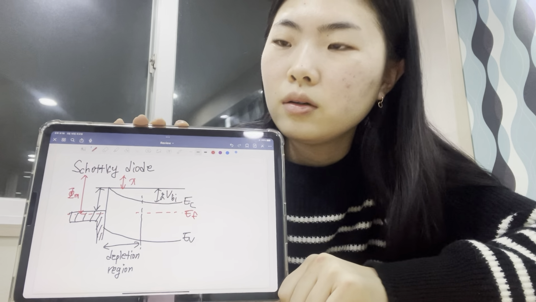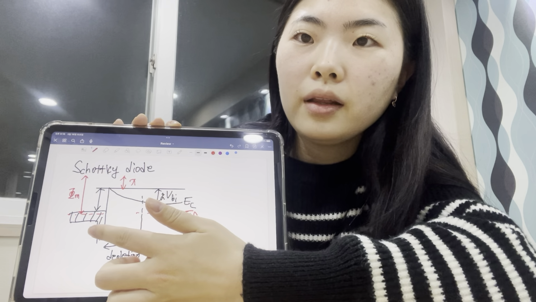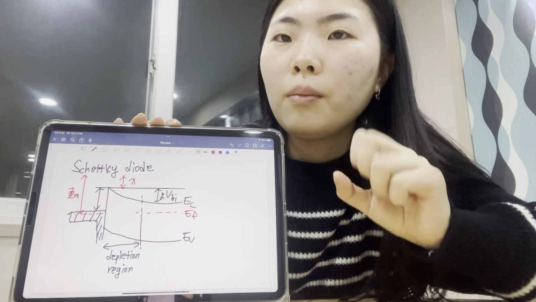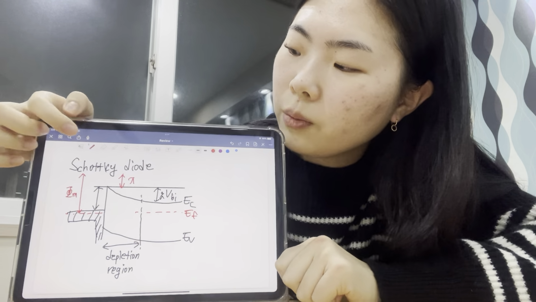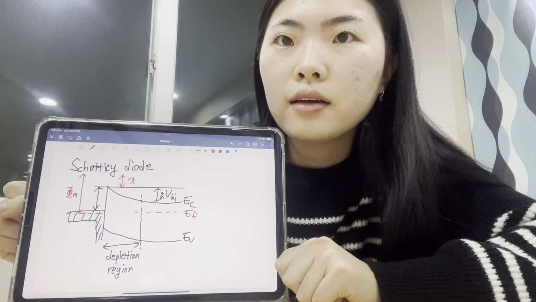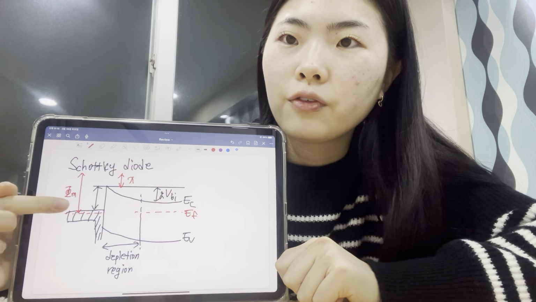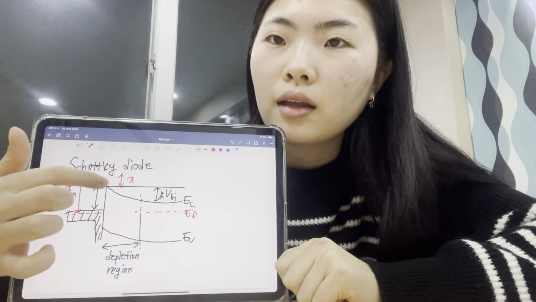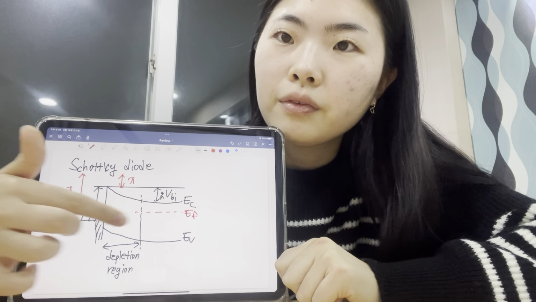So if electrons or holes meet those free electrons, they combine easily. Every material has its own electron affinity, so because of that, the energy band level will be drawn like this, like a curve.